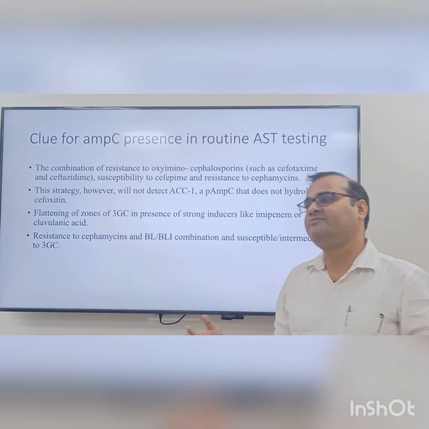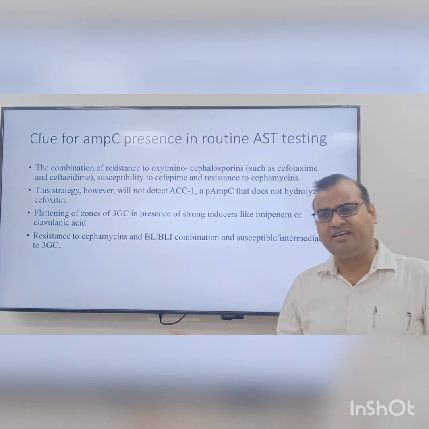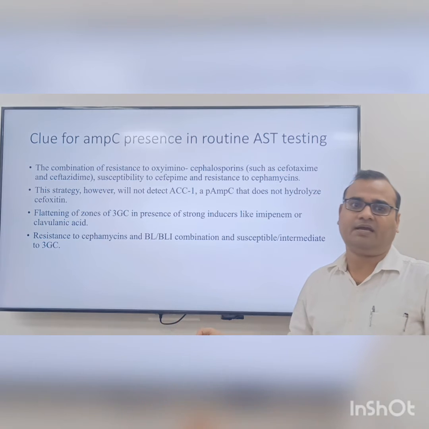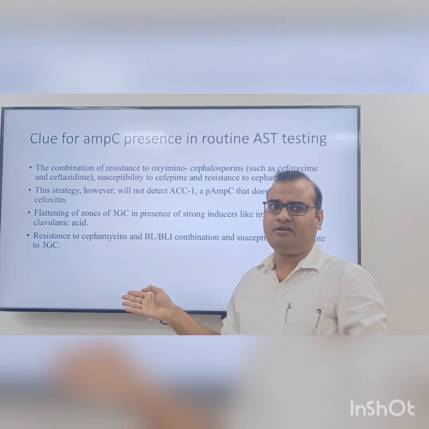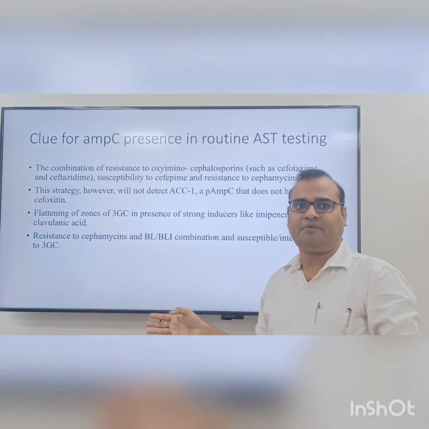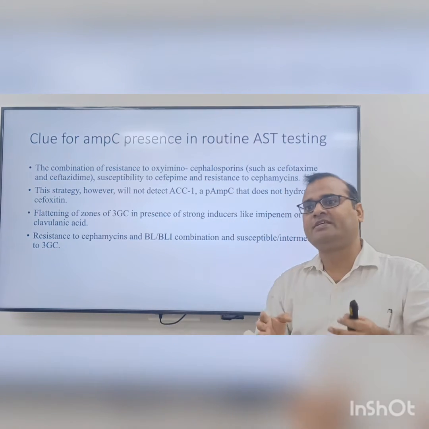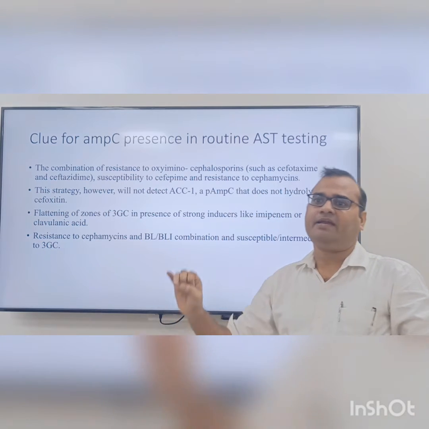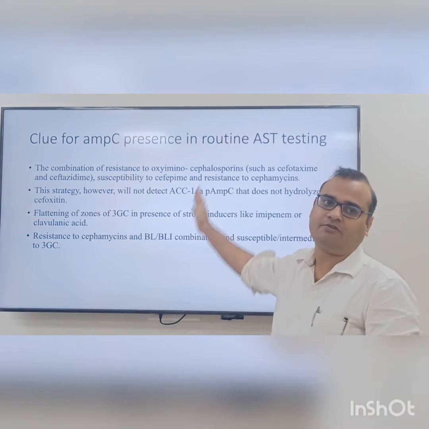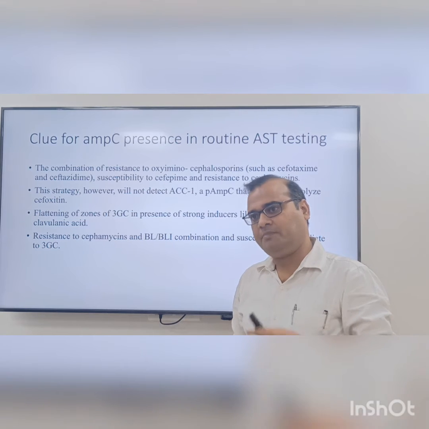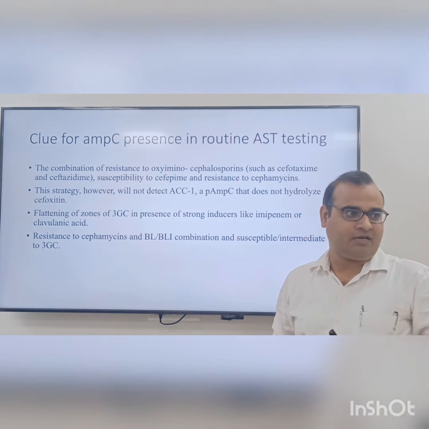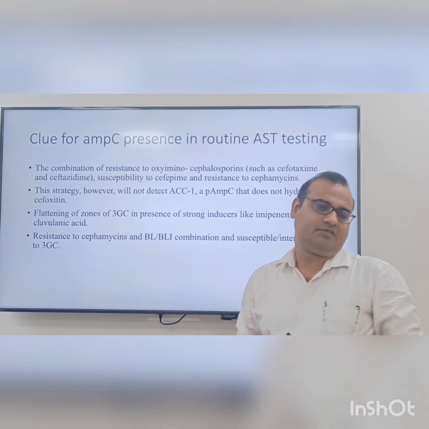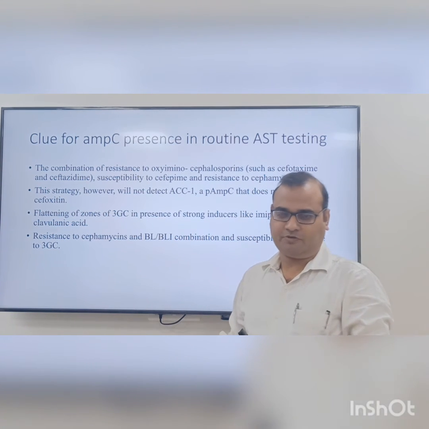There are various resistance mechanisms. There is ESBL, there is ESBL which is not inhibited by the beta-lactamase inhibitor, and there is also the presence of carbapenemases. So in the absence of carbapenemases and ESBL, this methodology can hold true, but to get the exact mechanism of AmpC, it is not at present possible.